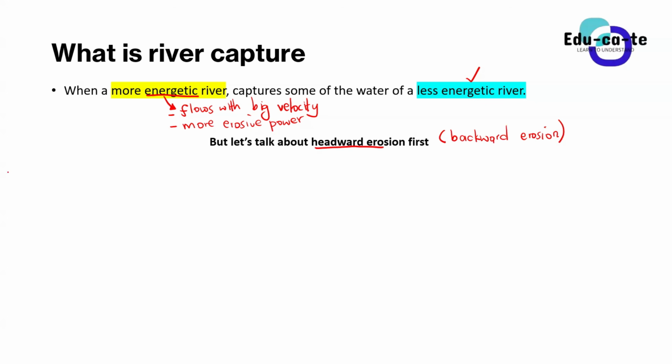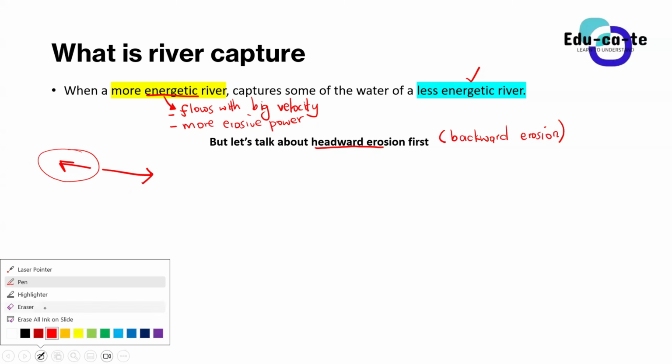Let's say your river is flowing towards this direction, but you find out that it is eroding backwards. It is removing the materials that are on its back, but it is flowing in this front direction.